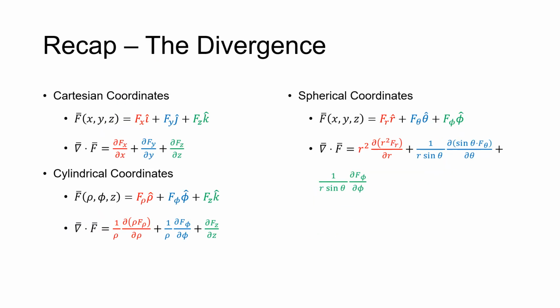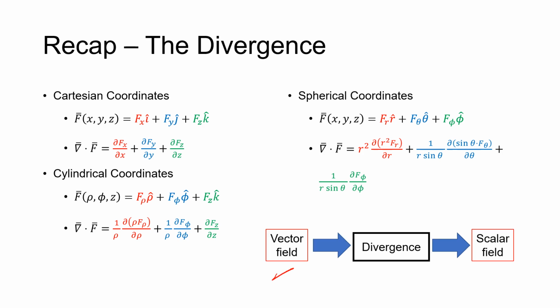The divergence is a vector calculus operation which is applied to vectors, and the result will be a scalar. We have an input as a vector field, we have an output as a scalar field, and divergence is something in the middle. It comes from the multiplication of your vector with nabla.